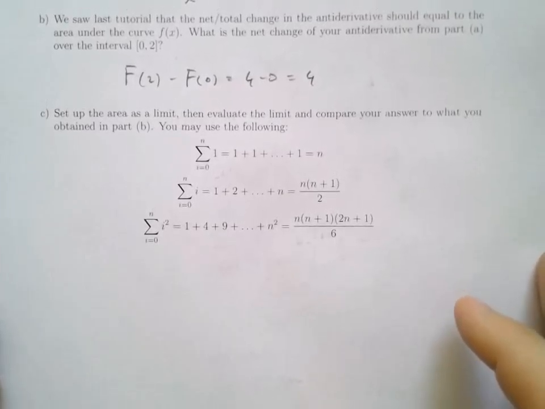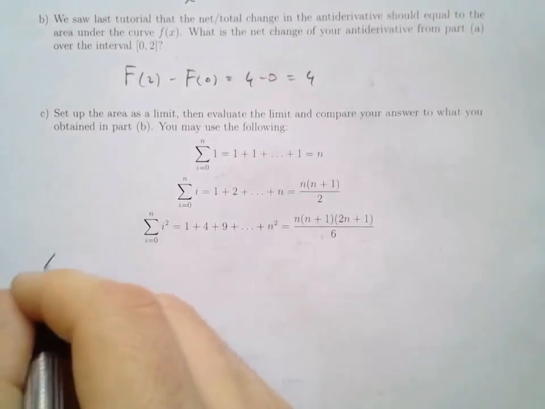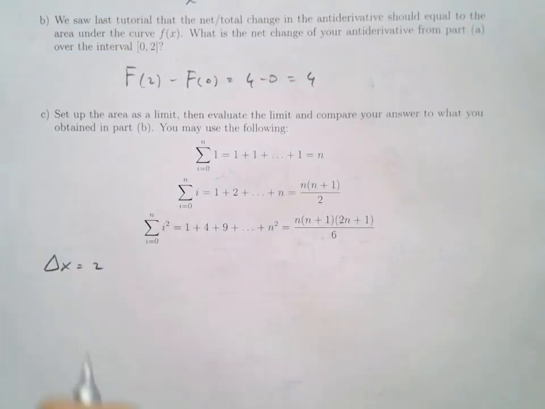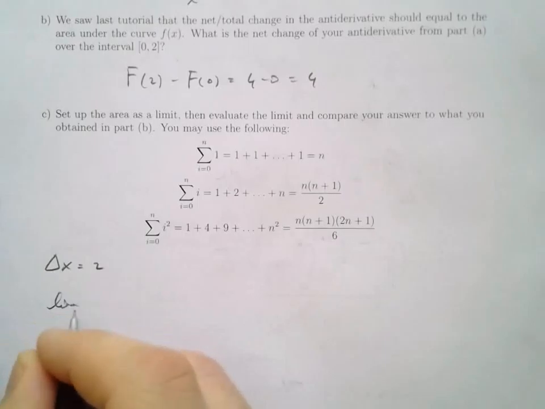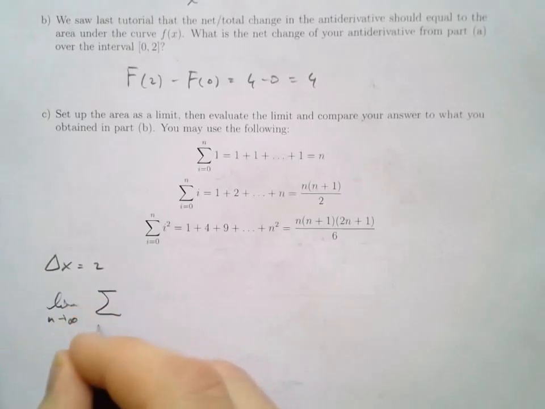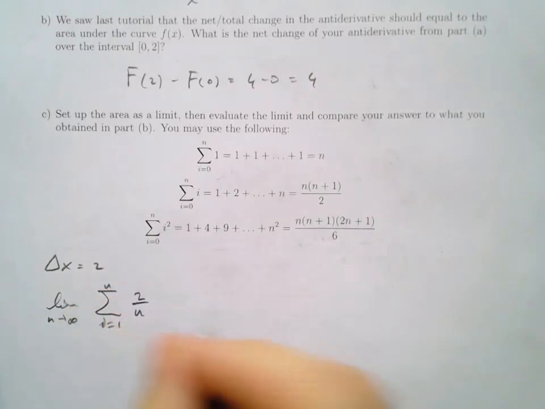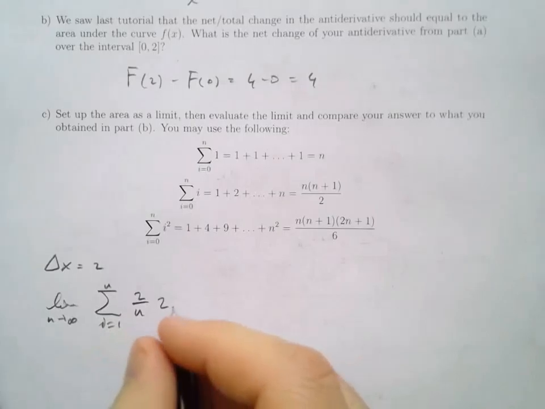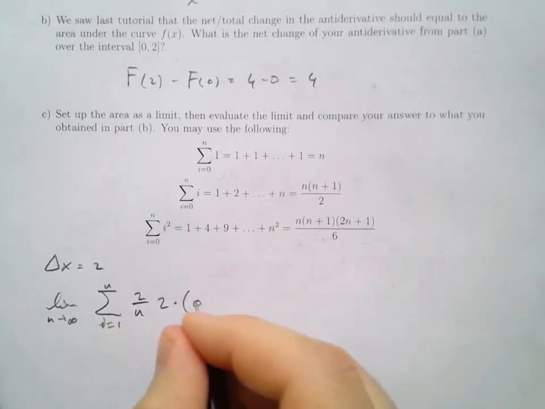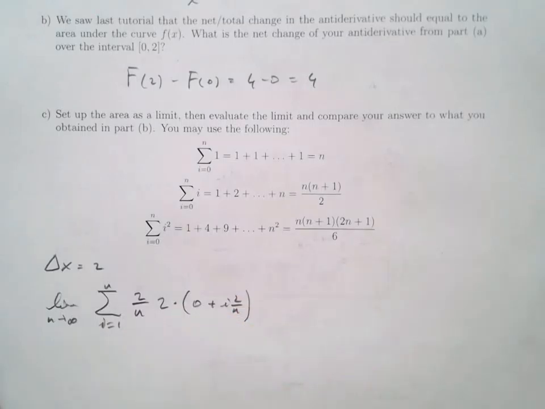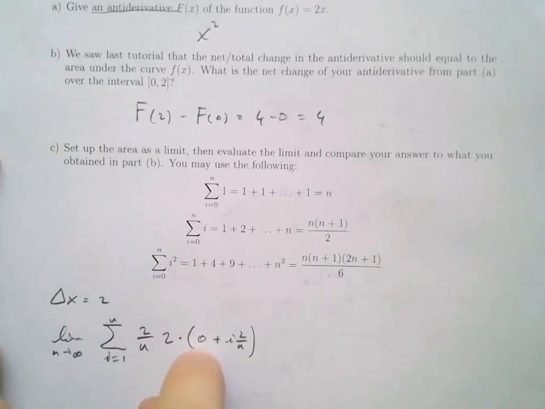The idea is we want to set up the area as a limit. So delta x is 2 over n, the starting point is 0, so I'm doing the limit as n goes to infinity of the sum, i goes from 1 to n, of 2 over n times f of x, which is 2x, so 2 times (0 plus i times 2 over n), 0 being the starting point of the interval 0 to 2.